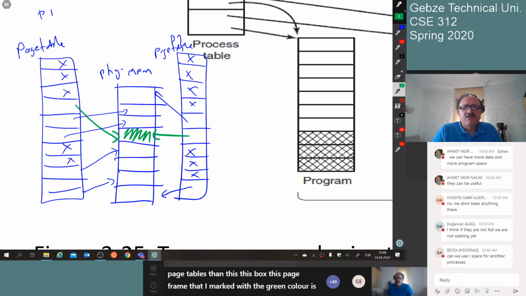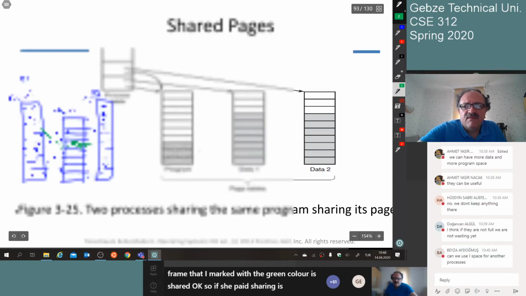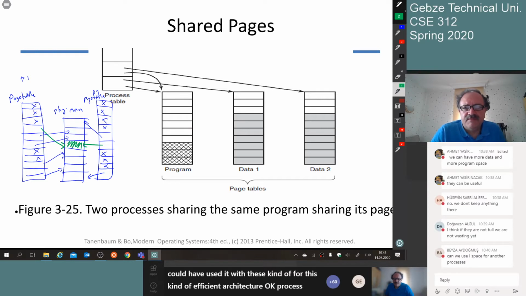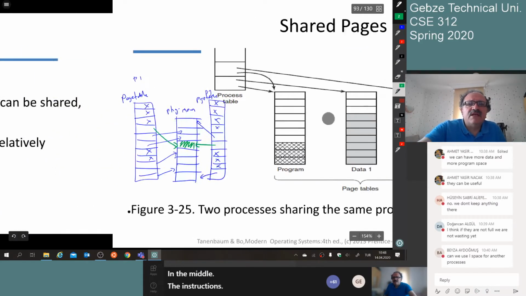So if page sharing is possible, I could have used it for this kind of efficient process architecture. Share some instructions. So that's the idea of shared pages.